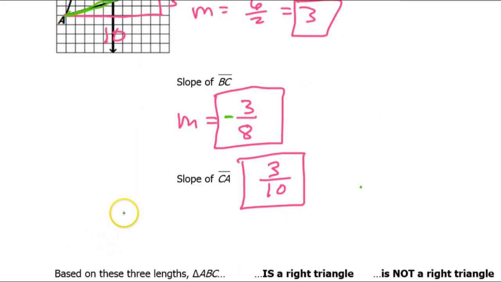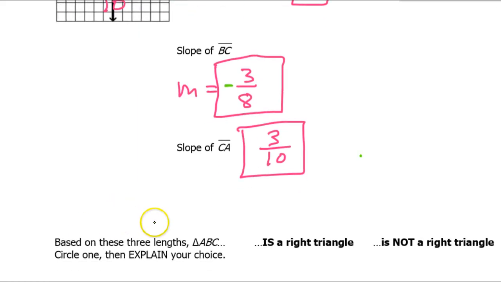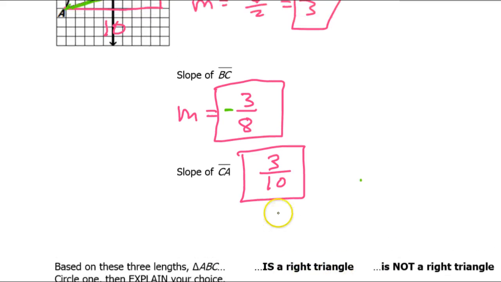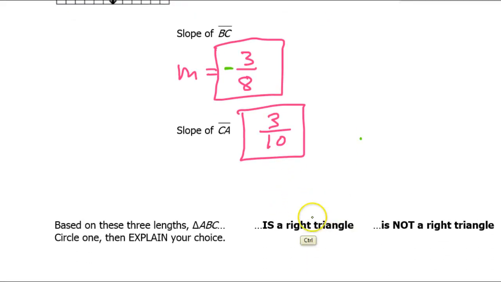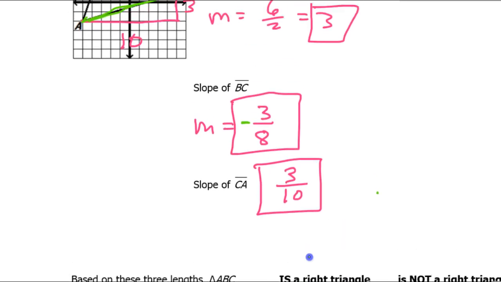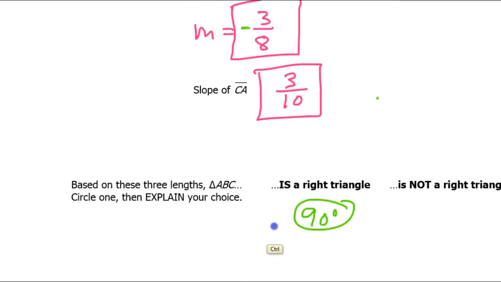Okay, now we need to say whether or not this triangle is a right triangle. So look, we know that a right triangle has a 90-degree angle. Okay? So if it's a right triangle, there should be a 90-degree angle in there somewhere. So the thing is, that means if there's a 90-degree angle, that means that the two lines have to be perpendicular.